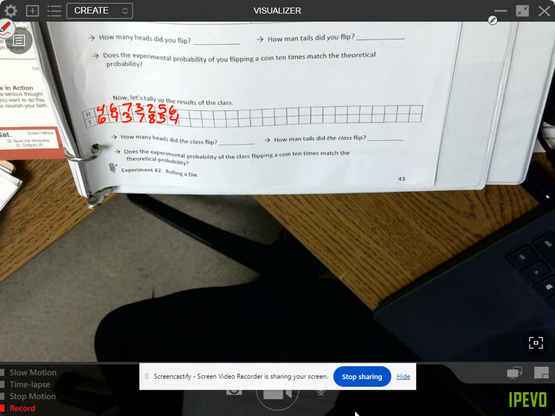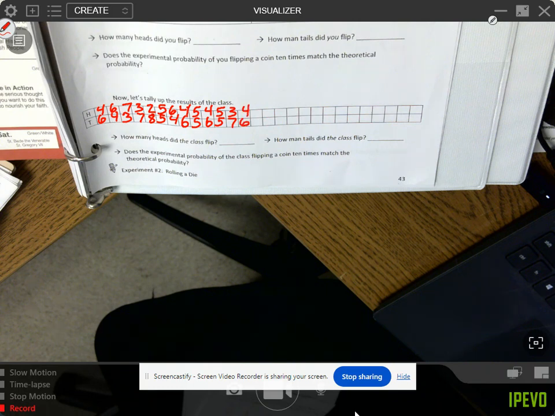Layla. 4 heads. Jimena. 5 heads, 5 tails. Dom. 4 heads, 6 tails. Sawyer. 5 heads, 5 tails. Marina. 3 heads and 7 tails. Lauren. 4 heads, 6 tails.